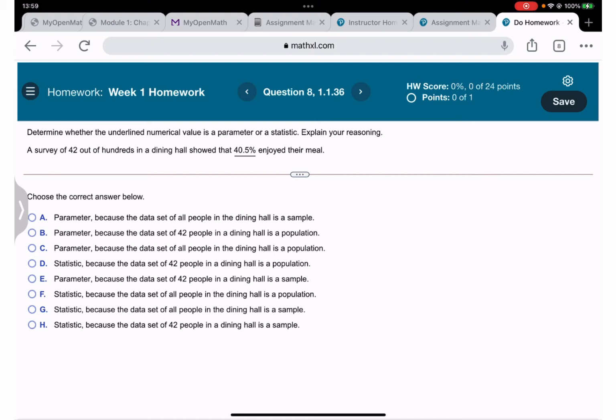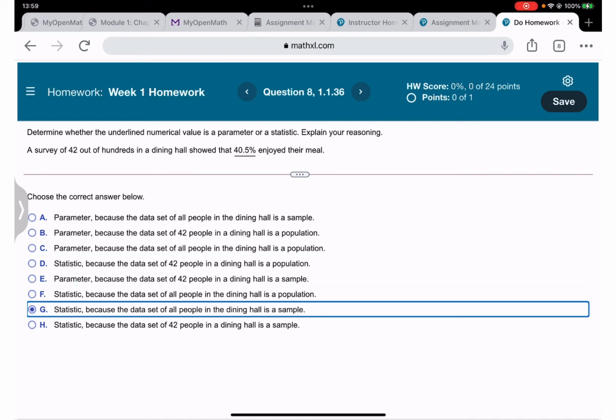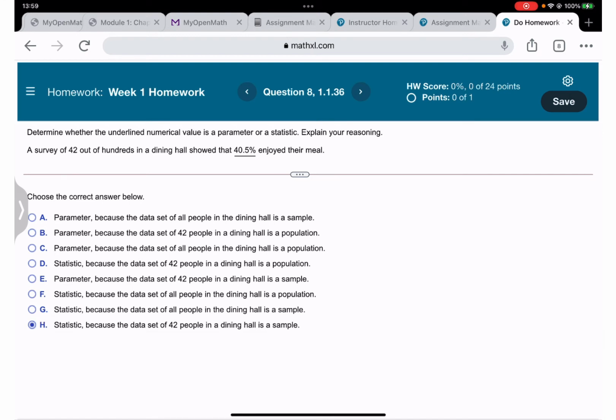Yes, that means it's a portion, a subset, which means it's going to be a statistic. Where do we have statistics here? D, F, G, and H. Let's see which one is the answer.